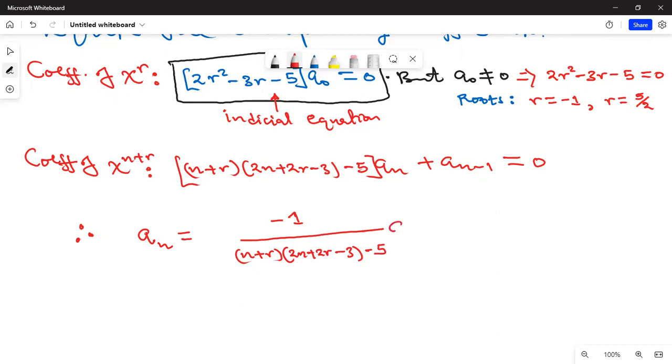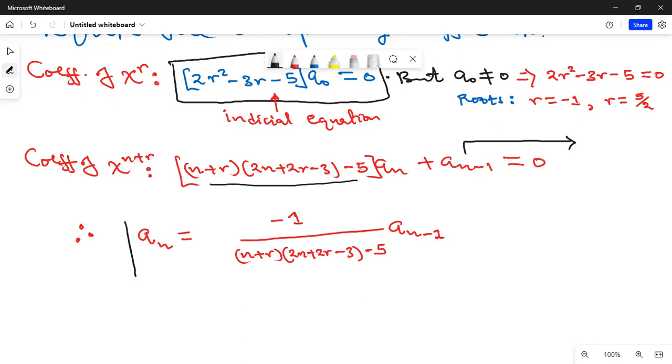This should multiply an minus 1. What did I do? I took this to the right hand side to get the negative. That's why we have -1 there. Then you divide by the whole of this.